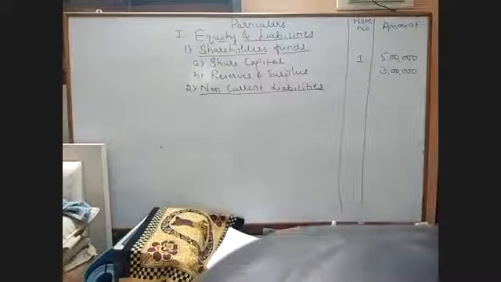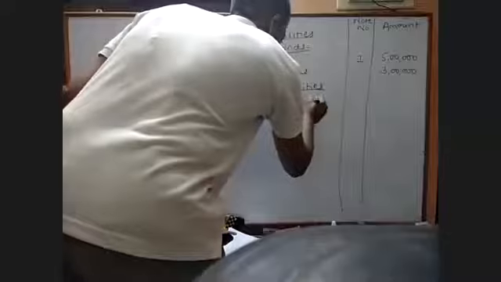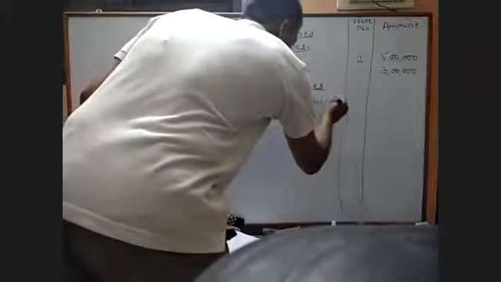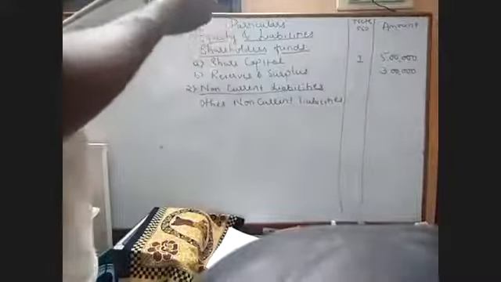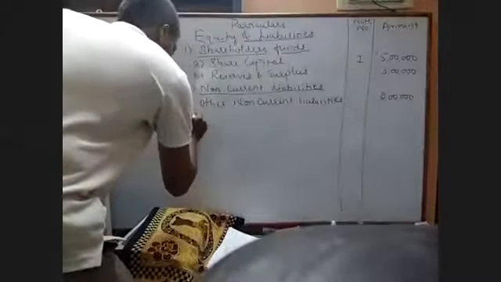Only what he has given is other non-current liabilities, so we will be directly taking that. The amount of other non-current liabilities is 2 lakh rupees.